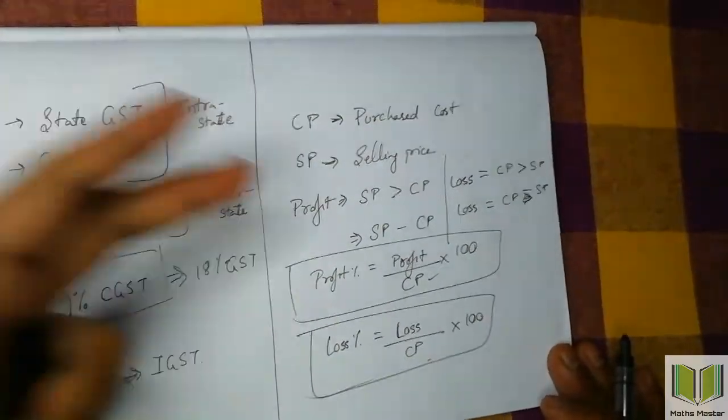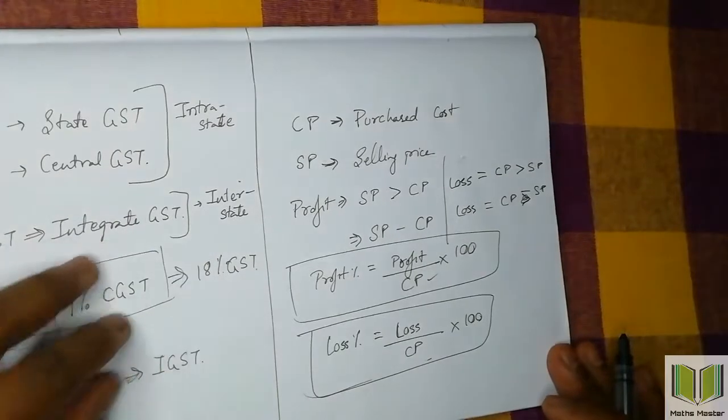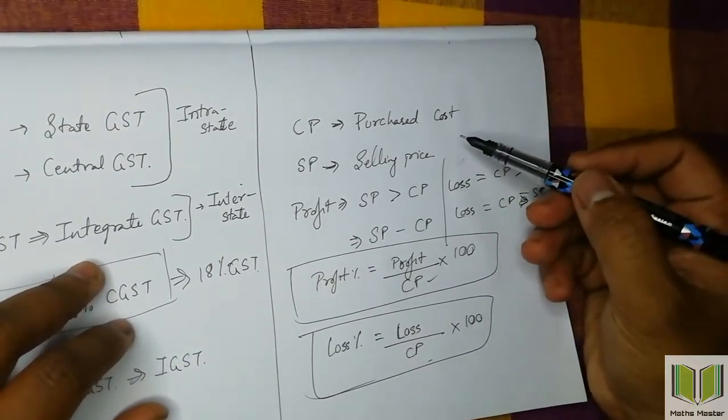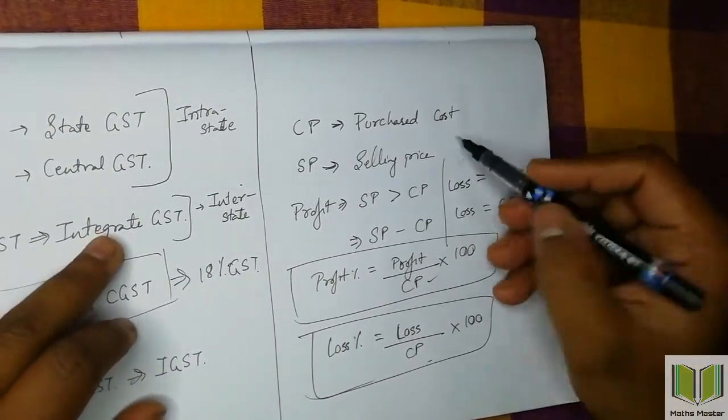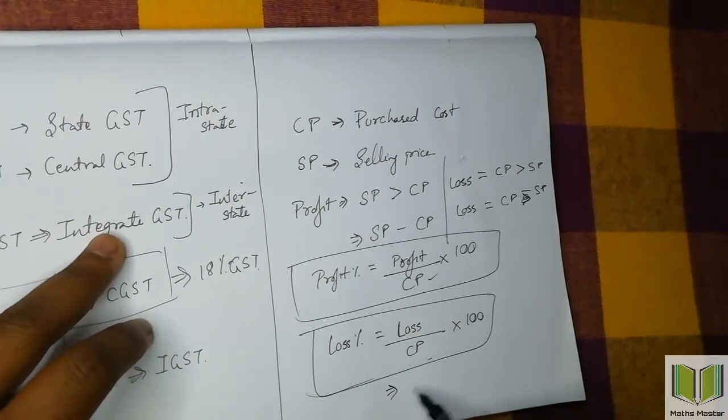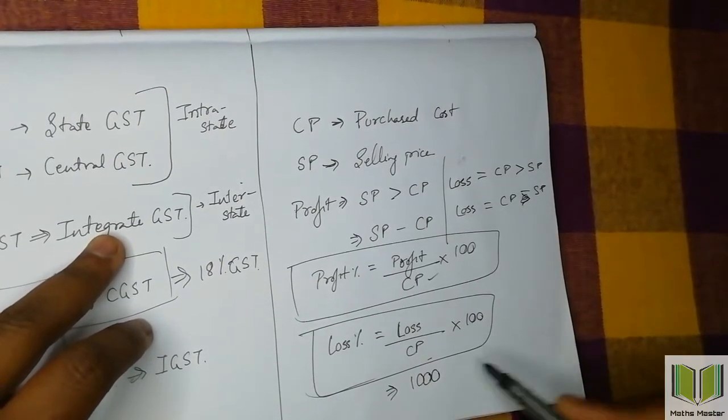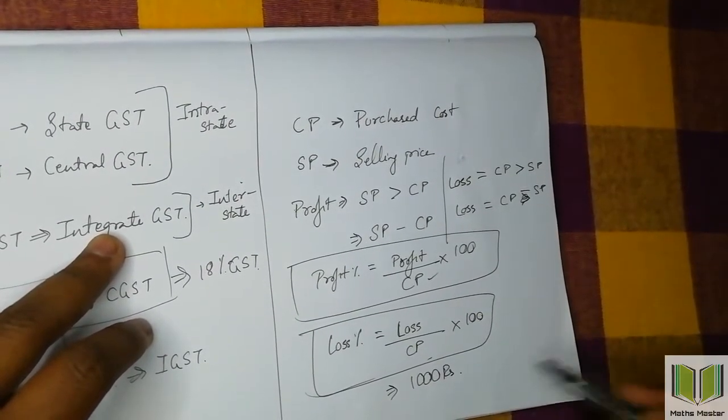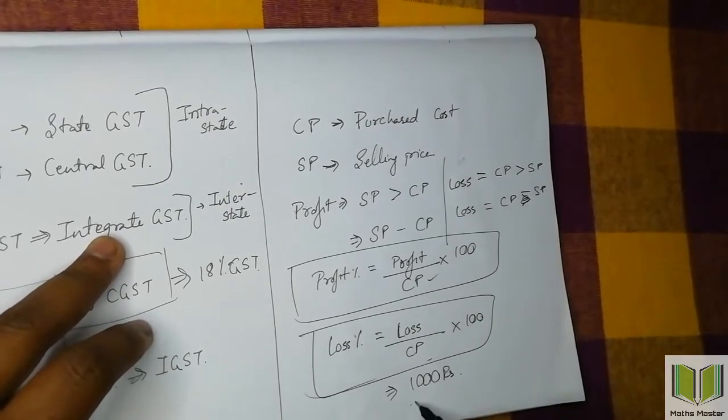And where does this tax come into the picture? On whatever the selling price. Say for example, if the selling price of an article is 1000 rupees and there is a GST of 10% on this item.